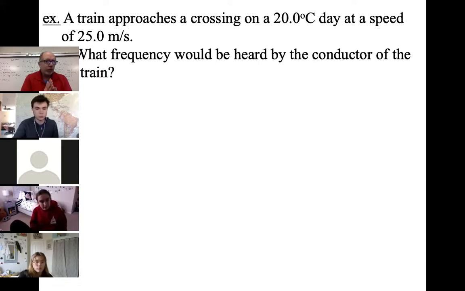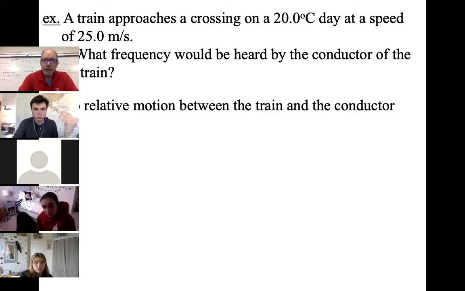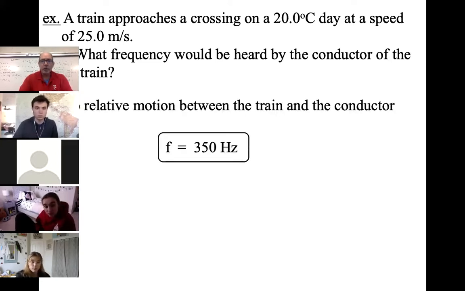And the answer is no. So yes, the sound would be stationary. So what frequency would the conductor hear? Yeah, exactly, 350, because there's no relative motion. So according to the conductor, it would be 350 hertz. Okay, that's the Doppler effect.